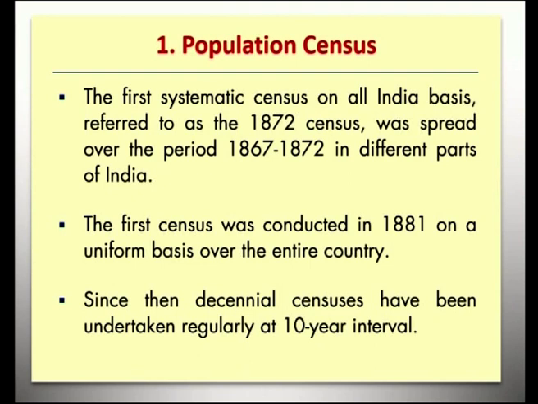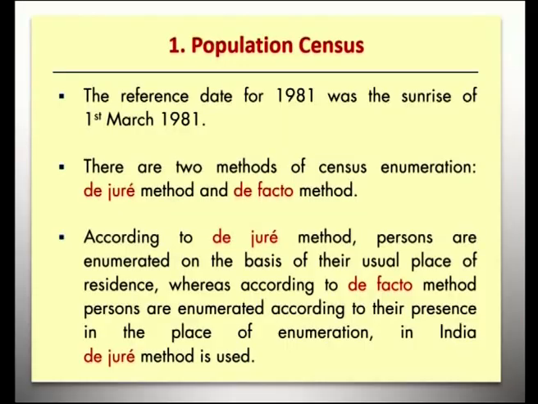Actually, the first census was conducted in 1881 on a uniform basis over the entire country of India. Since then, decennial censuses have been undertaken regularly at 10-year intervals. That is, when the first was conducted in 1881, the next census was conducted in 1891 and 1901, then 1911, like that it was considered.